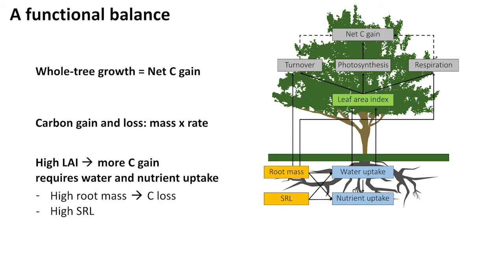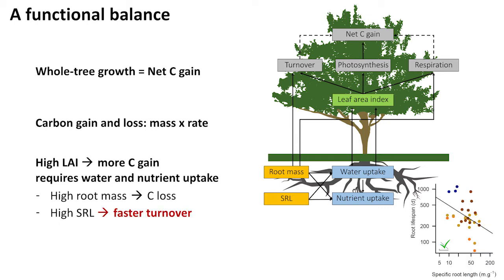However, this first scenario that I've just explained is not very realistic because, as I've shown in our literature review, there are carbon costs involved in having a high specific root length, and that's because long and thin roots basically have a shorter lifespan, as you can see in this figure. Species with a high specific root length generally have a shorter root lifespan, so it increases the turnover rates of roots.